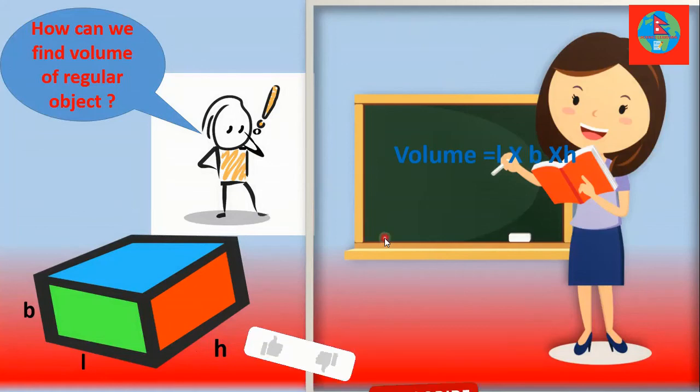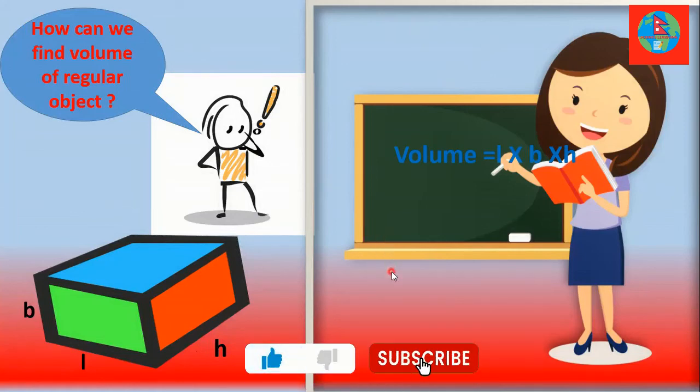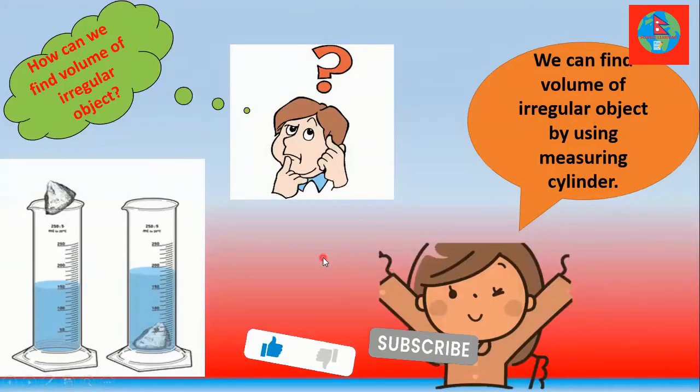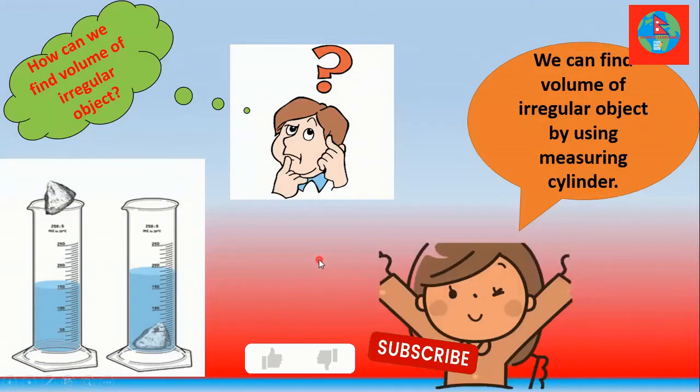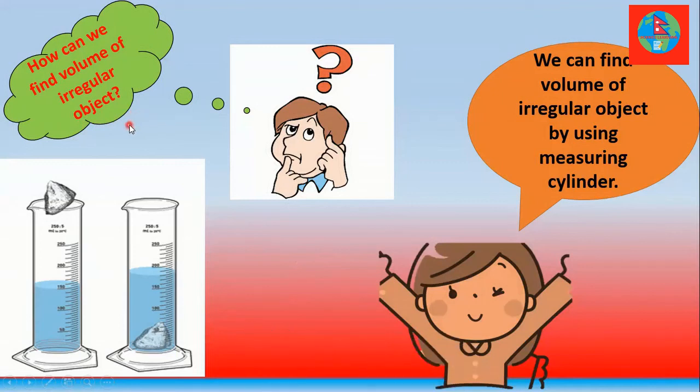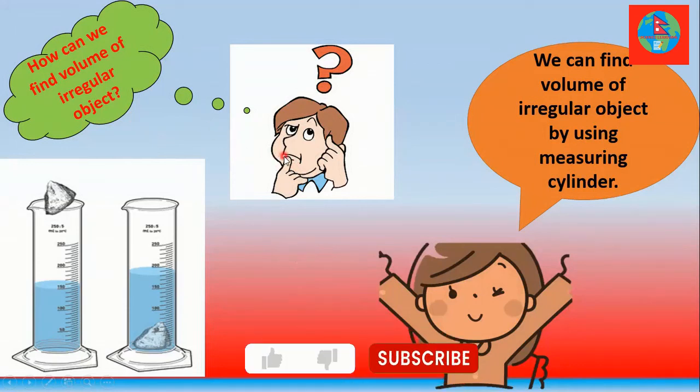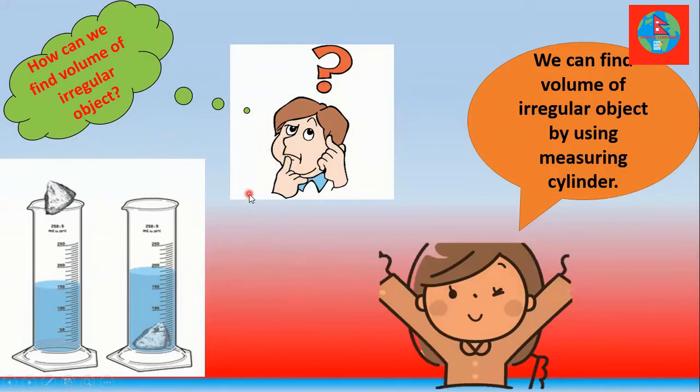Okay, my dear students. Now we are going to another slide. Now, how can we find the volume of irregular objects? In another slide, we easily found area of an irregular object by using graph paper.